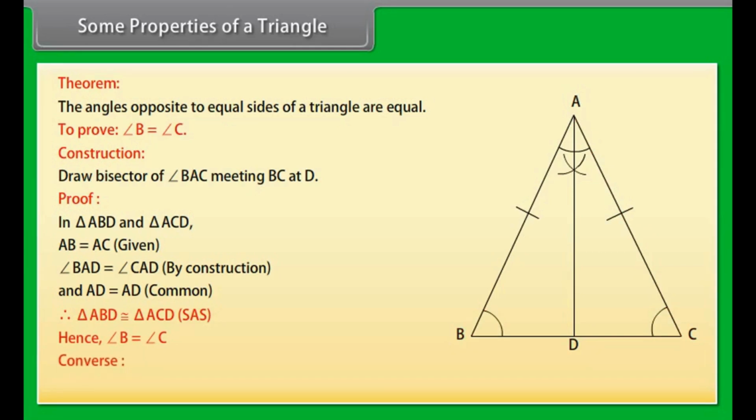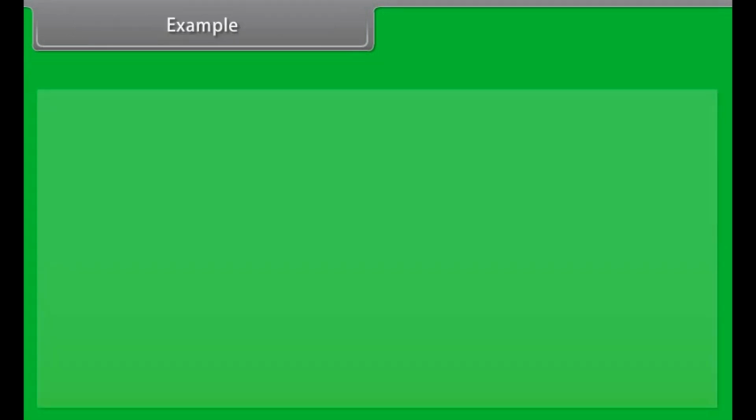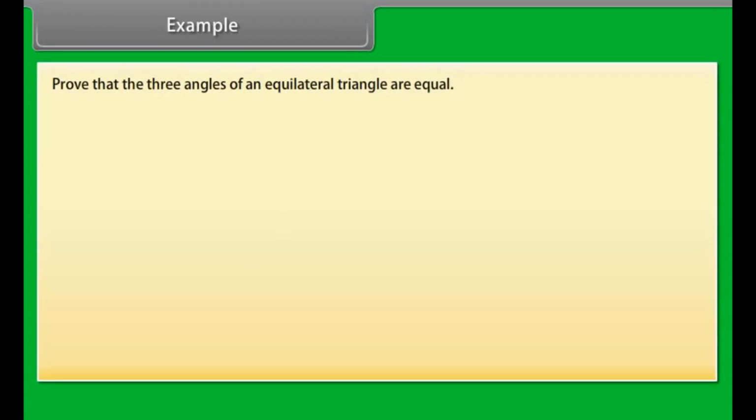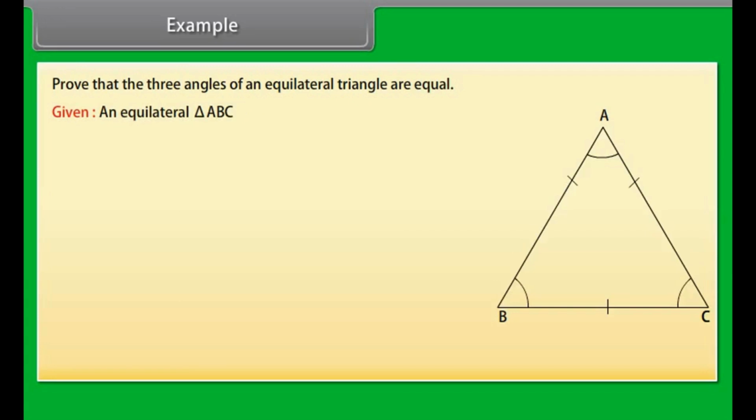The converse of the above theorem is also true, which says that the sides opposite to equal angles of a triangle are equal. Example. Prove that the three angles of an equilateral triangle are equal. Given an equilateral triangle ABC, we have to prove that angle A is equal to angle B, which is equal to angle C. Proof. AB is equal to AC, given.